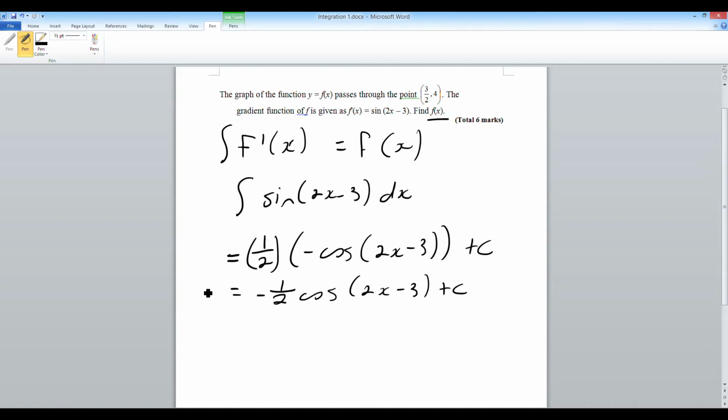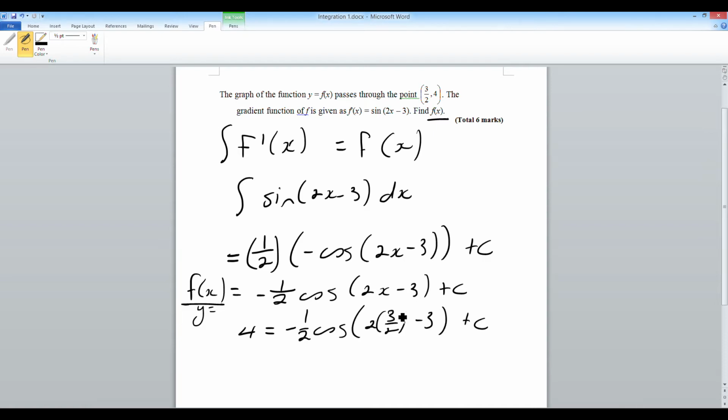Therefore, alternatively I could have said y is equal to, instead of f of x, now I can say my y value is 4 and my x value is 3 over 2. So it becomes 4 equals negative a half cosine of 2 multiplied with 3 over 2 minus 3, plus c.